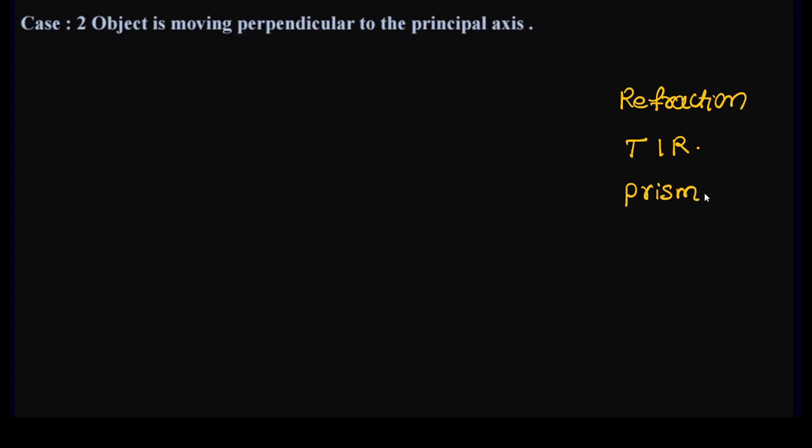Prism. No, sir, we don't have one. Okay, prism also you don't have. So after refraction, what topic? I think prism. I think prism we have in human eyes. Prism separately not studied. After refraction, what you studied?